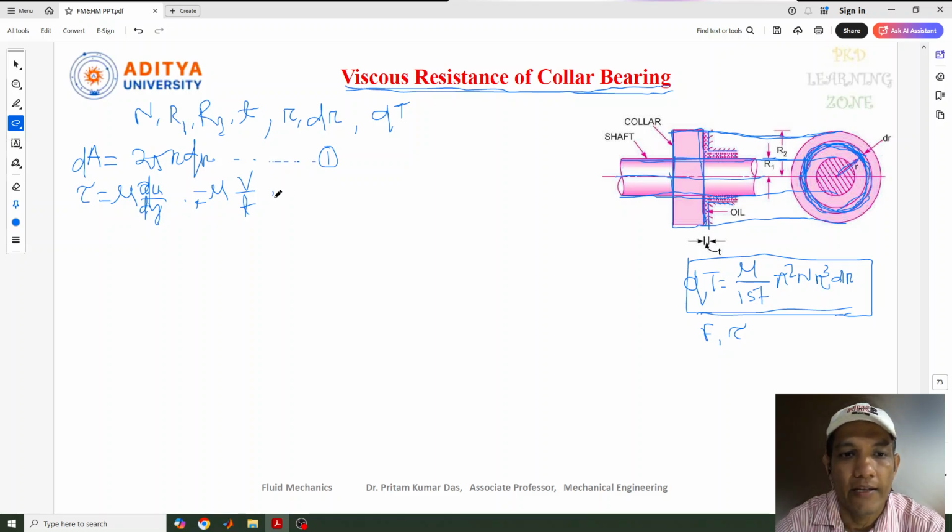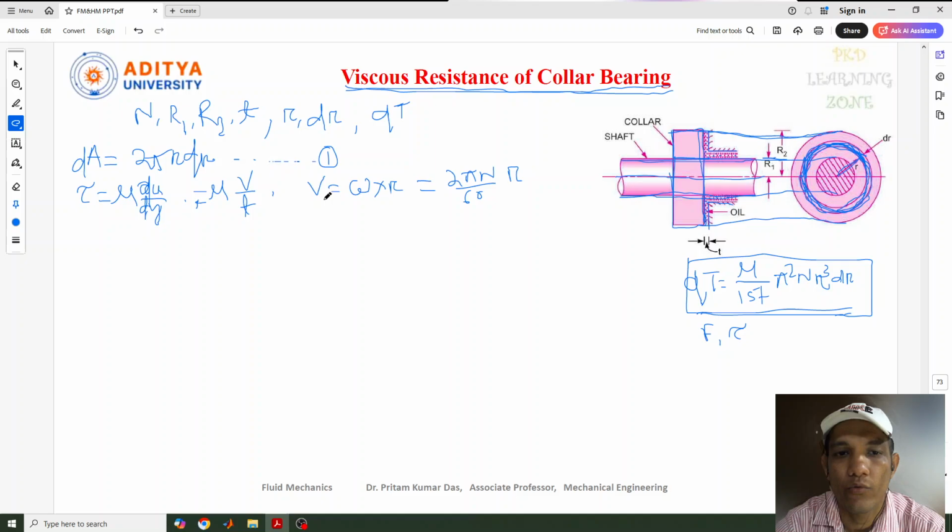Again, in this V I can write tangential velocity equal to omega into r. In place of omega I can write 2 pi N by 60 into r.